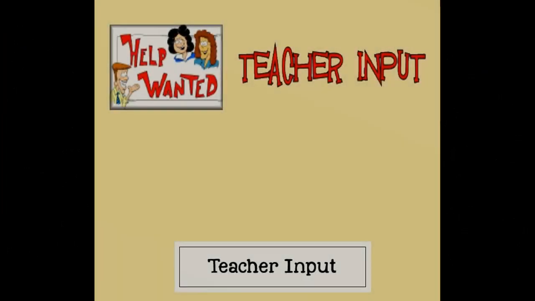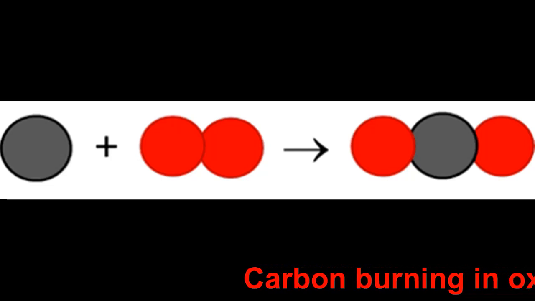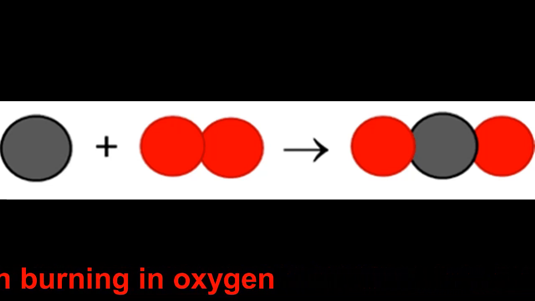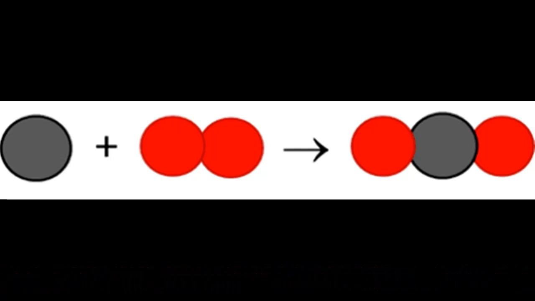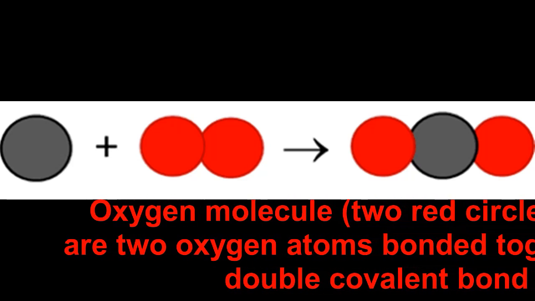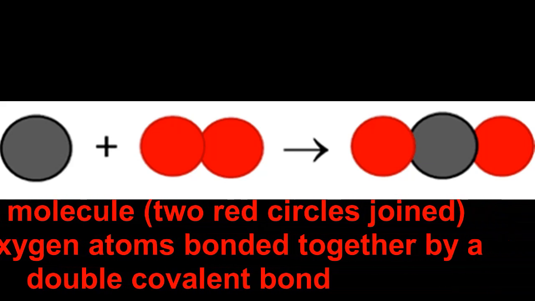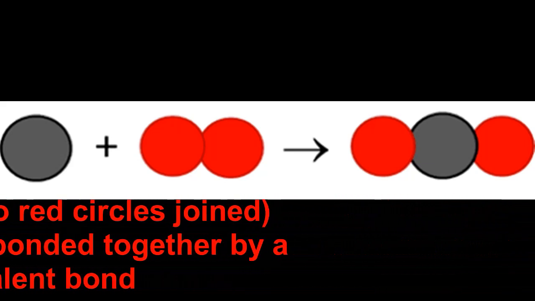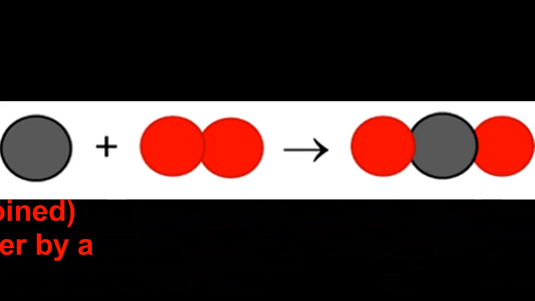Before moving on, I think it's important that I give you some input here. This is a representation of carbon burning in oxygen. In this change, the oxygen molecule, represented by the 2 red circles, are bonded together with a covalent bond.